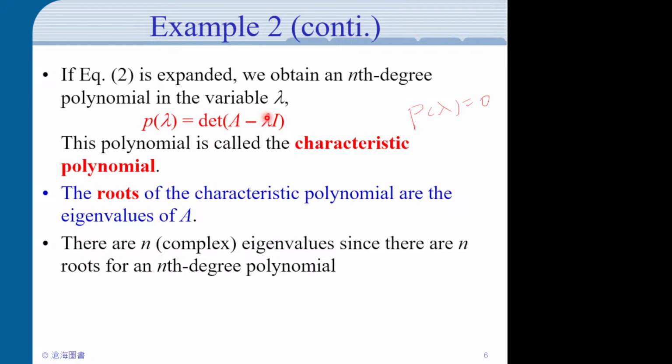Also, something we didn't say is that you can easily verify the polynomial is of nth degree. So this is a degree n polynomial, and by the fundamental theorem of algebra, you can always show that the polynomial will have n roots. So there will be n complex eigenvalues.